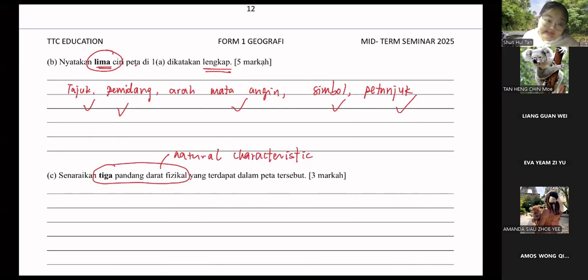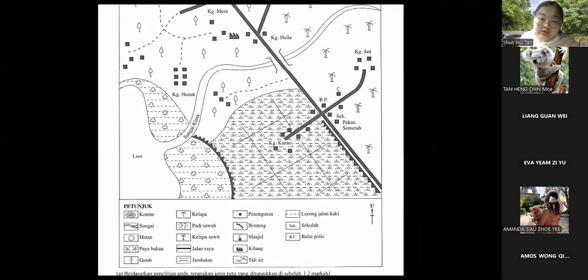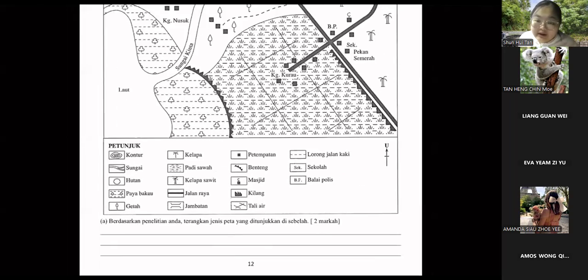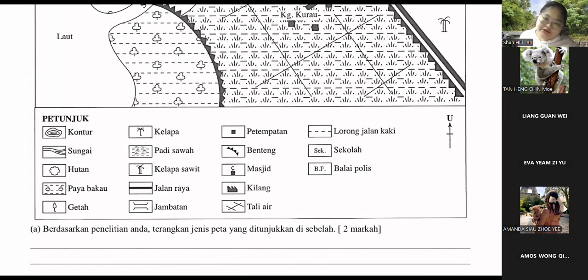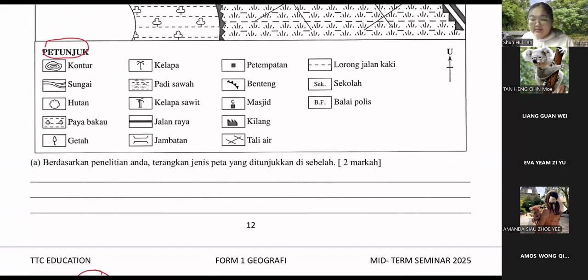Okay, natural characteristic. So go back to the map. Let's find out. What is the natural characteristic? In Form 1 level, you can be a bit clever and straight away look at your petunjuk, you can find your answer here. So can you tell me contour is physical or what? No. Come on, be careful, yeah. Contour is physical. Sungai is physical, right? Hutan, physical. Kayu bakau, physical.